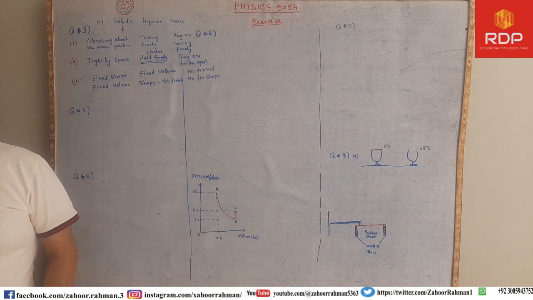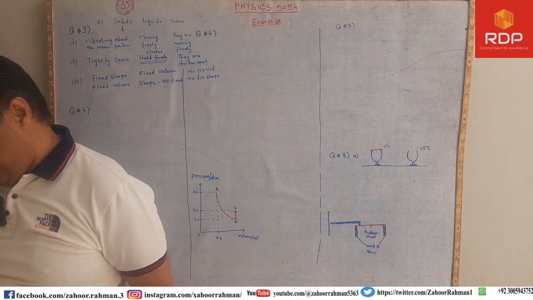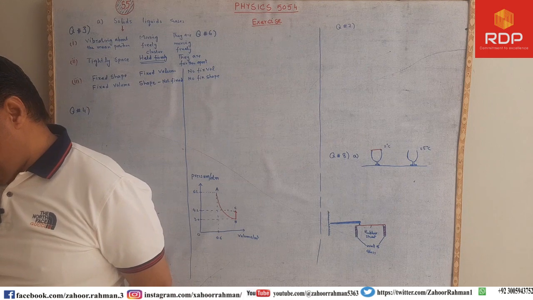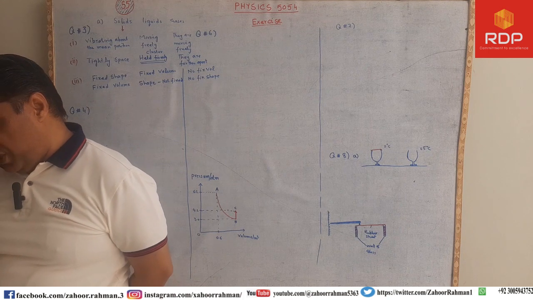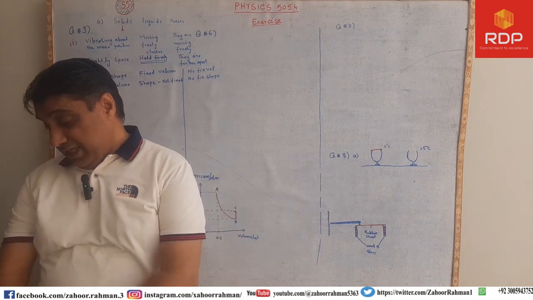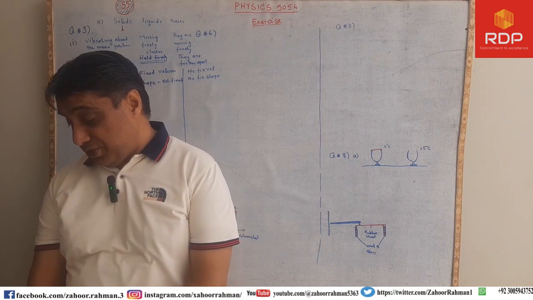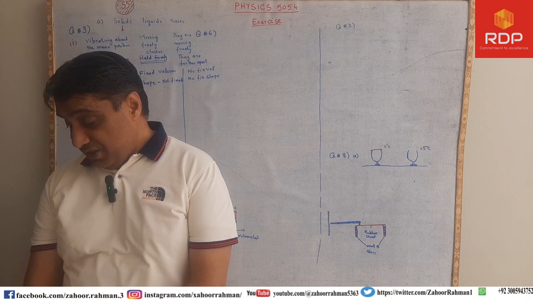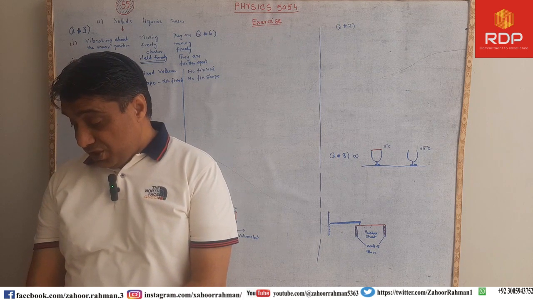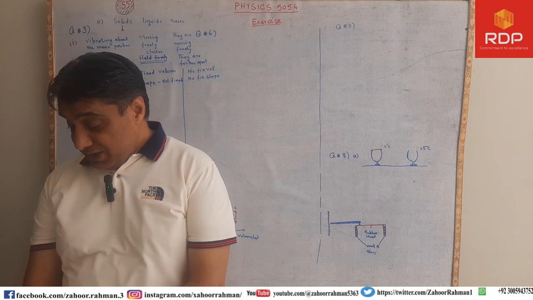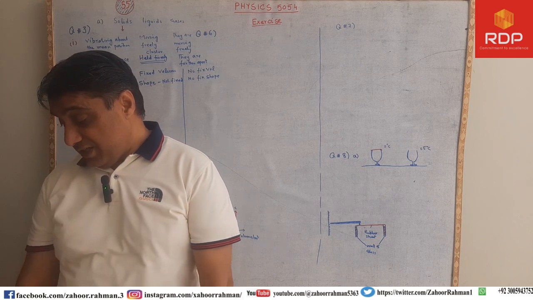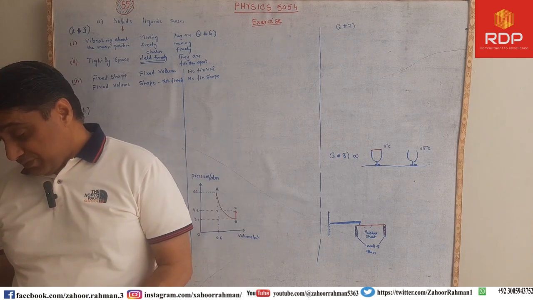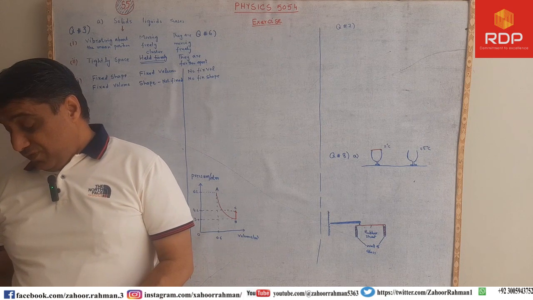Hopefully you have understood. Question number 4. In terms of the kinetic theory of gases, explain why the pressure exerted by the gas increases when its volume reduces at a constant temperature.